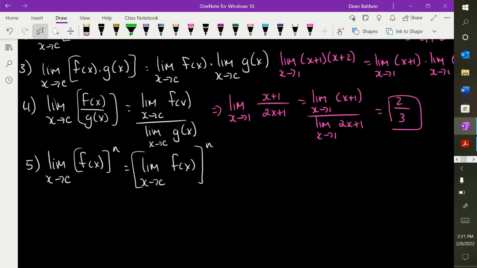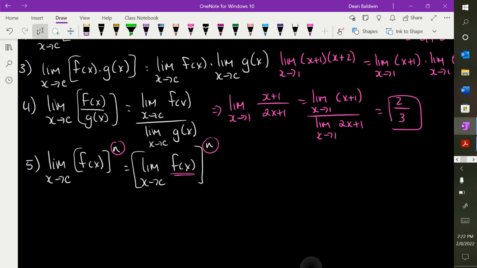All right, and the final one has to do with a power, whether it's a fractional power or an integer. So if the function is raised to a power, you can ignore the power, just find the limit of that function, and then raise your answer to the power.